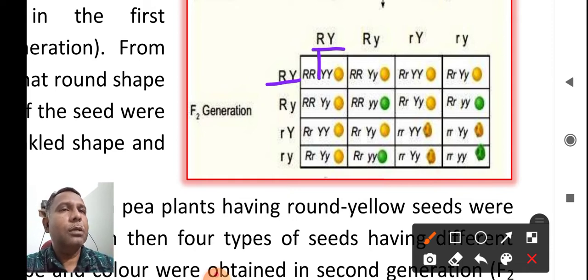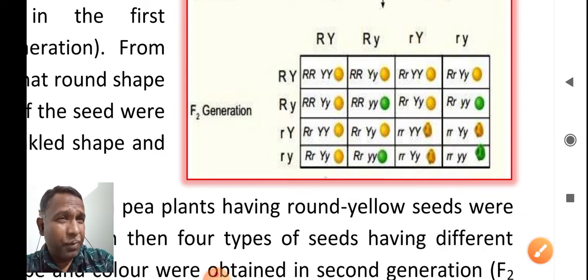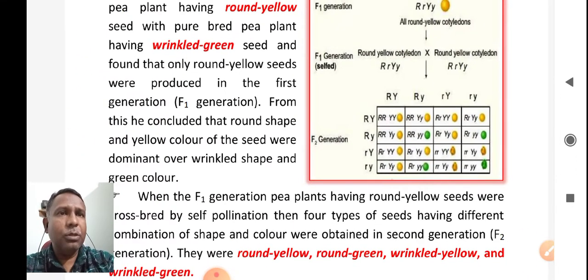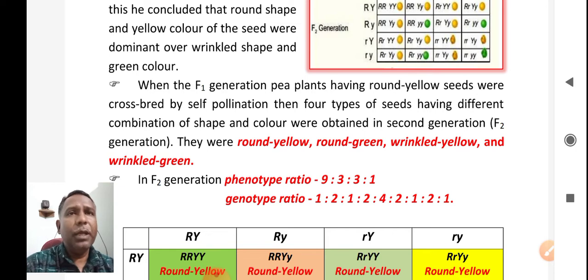So capital R, capital Y. In that way we find all the offspring. Now the result: when the F1 generation pea plants having round yellow seeds were crossed by self-pollination, four types of seeds having different combinations of shape and color were obtained in the F2 generation. They were round yellow, round green, wrinkled yellow, and wrinkled green.